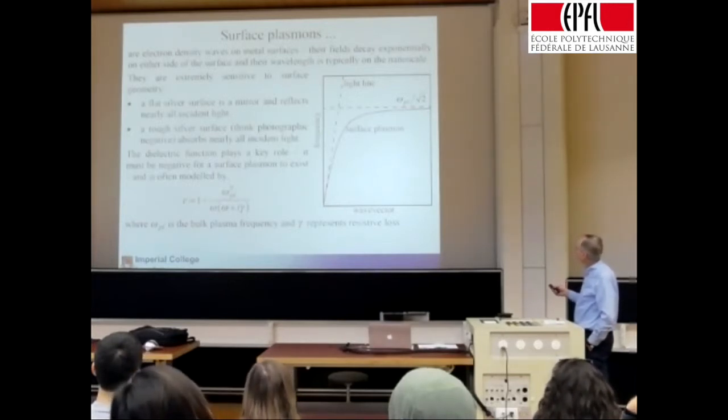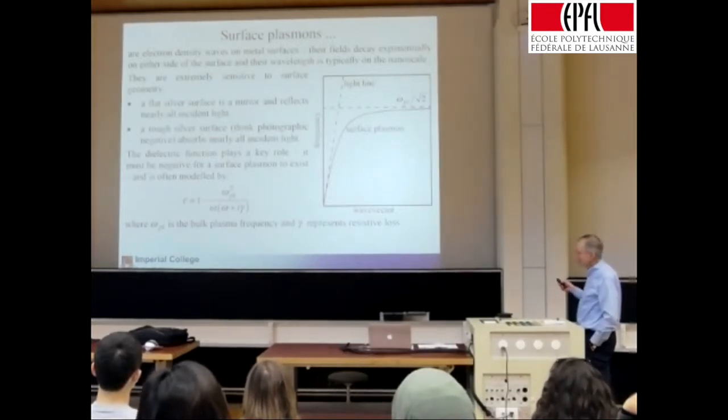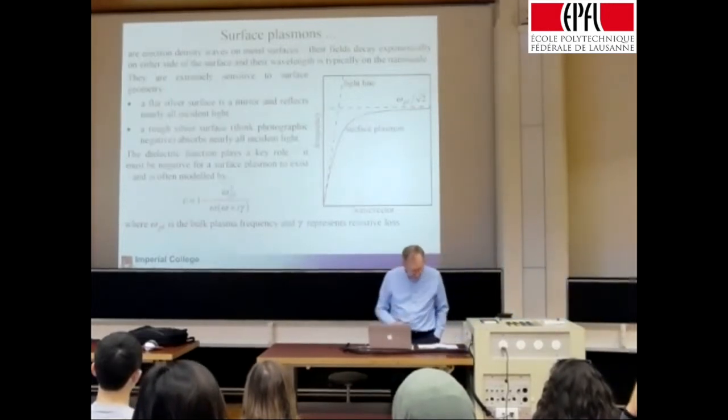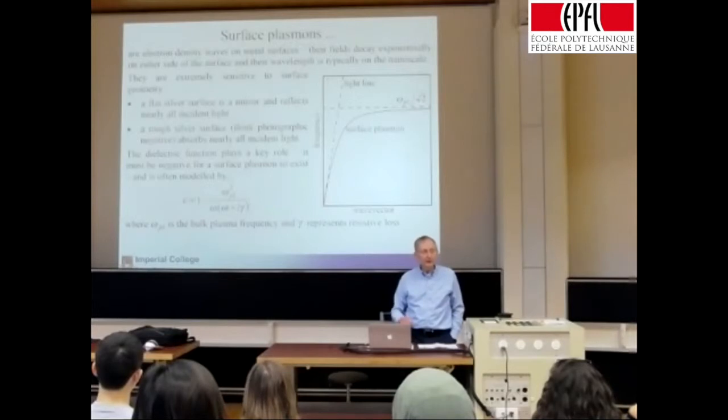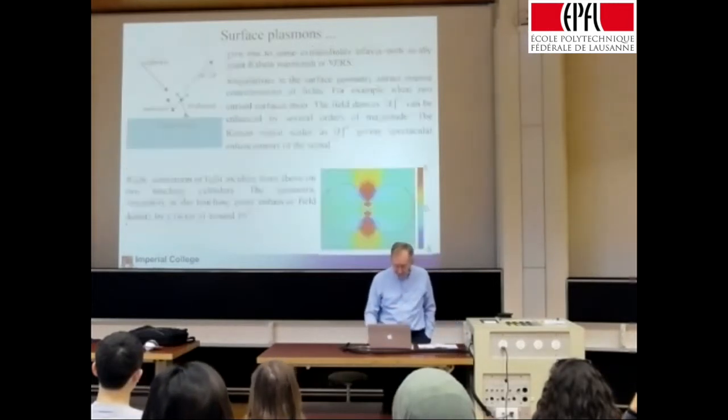And it disperses to longer wavelengths, shorter wave vectors, eventually hitting the light line and coming down here. And it's this property here which we're going to exploit to turn the light into very short wavelength surface plasmons. And then once we've got a very short wavelength, we can push it down to the nanoscale.